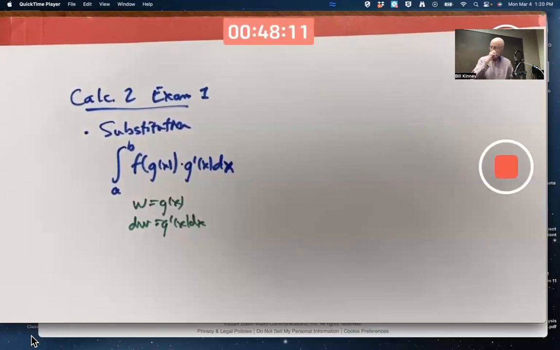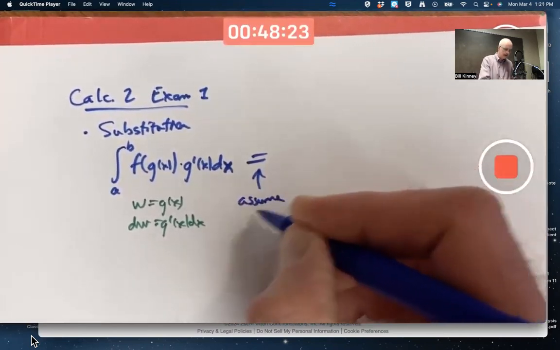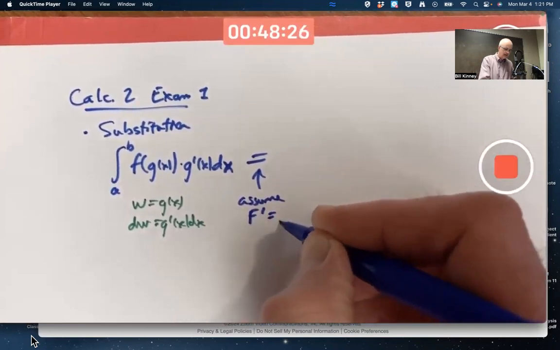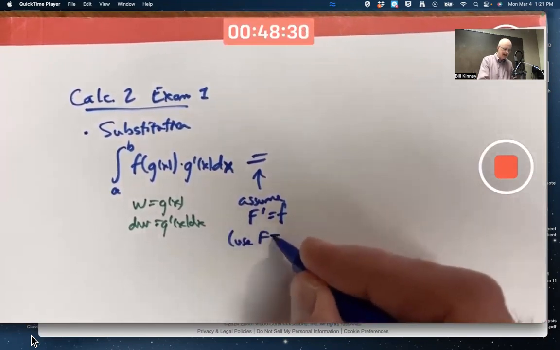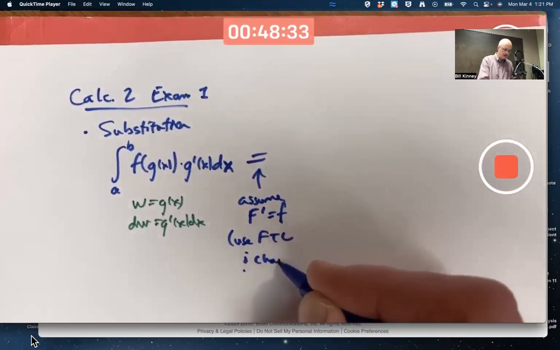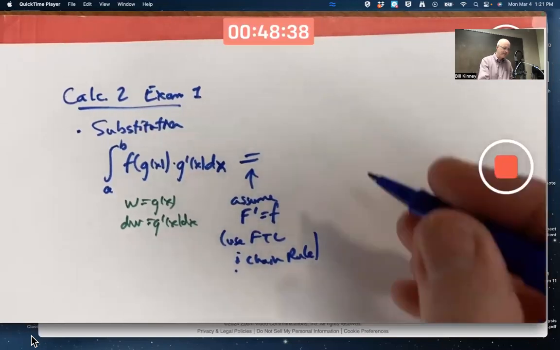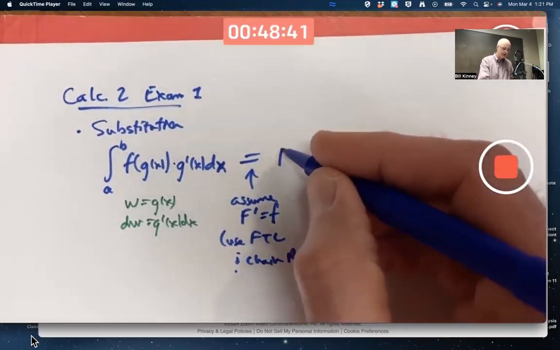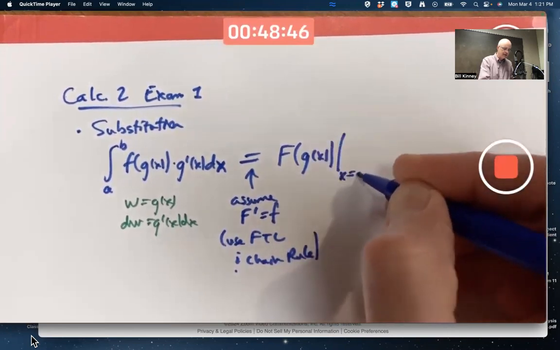If I assume capital F is an antiderivative of little f, assume capital F prime equals little f, and use the FTC and the chain rule, I could rewrite this integral without an integral sign, with a little bit of guesswork, to be capital F of g of x evaluated from x goes from a to b.